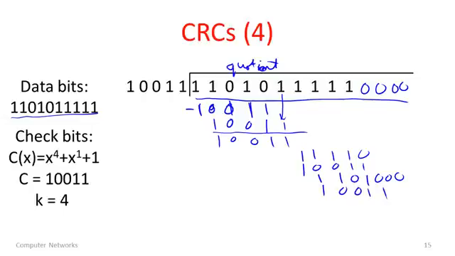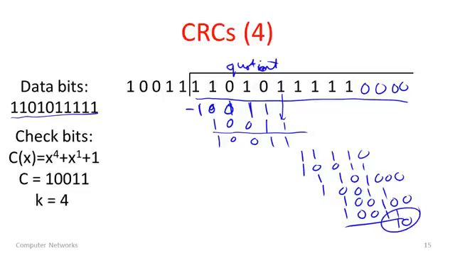When I subtract that, I get 1, 0, 0, 1, 0, 0. One more subtraction, 1, 0, 0, 1, 1. Cancel, cancel, cancel, cancel. I'm left with here 1, 0. And that's the final remainder.